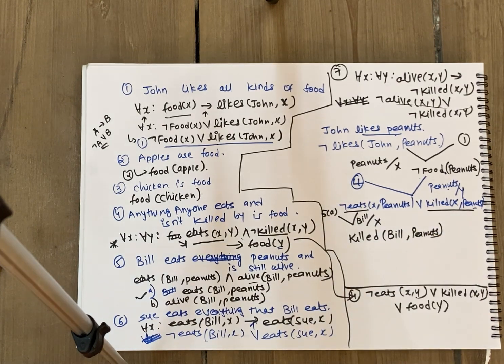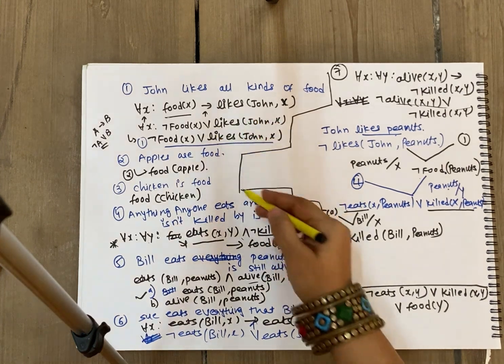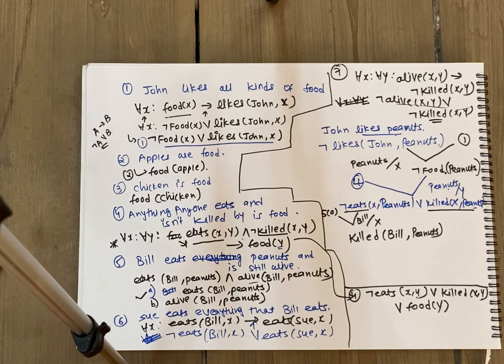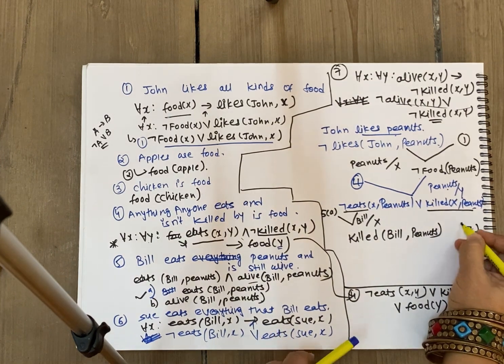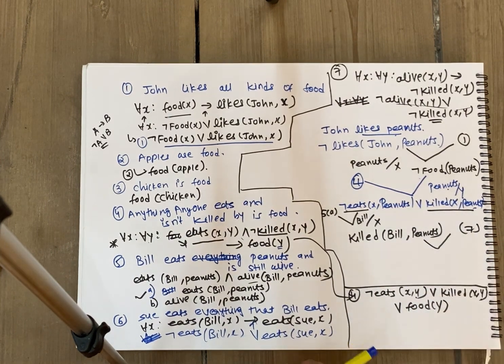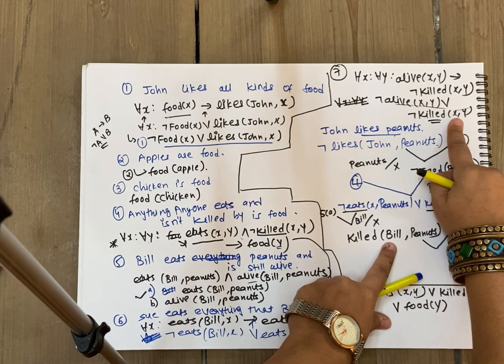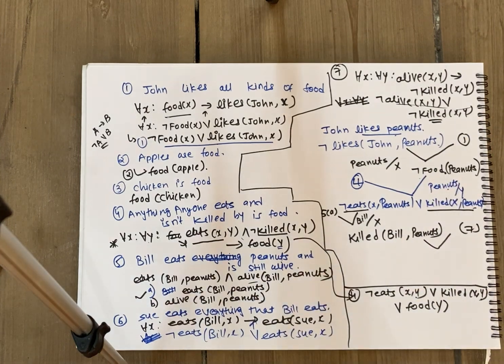Simple. Okay, so you have to search for not killed. So not killed is available. Where? Yes, it is available over here in 7, right? So if you consider 7 as the second parent clause, then not killed and killed both are unifiable, same predicate name. Now x should be replaced by bill and y should be replaced by peanuts. Both replacements should be done.